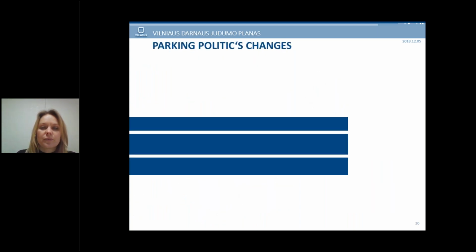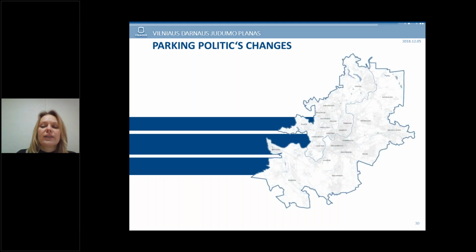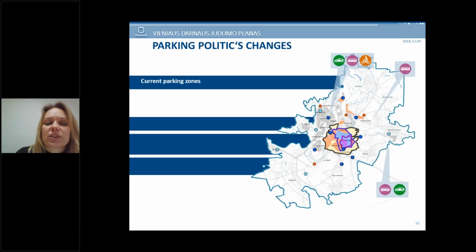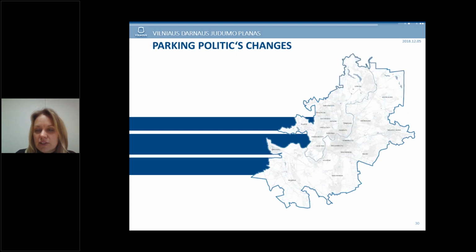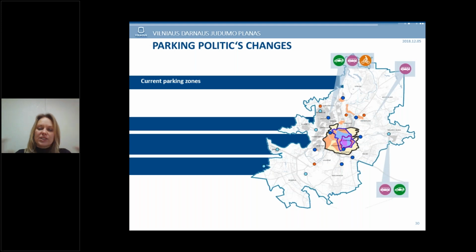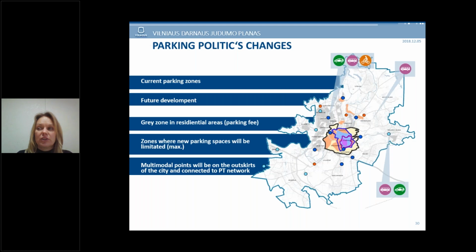What else did we do? Accordingly, we suggested major changes in parking policy, because you probably didn't have a chance to see, but we suggested to increase the boundaries and to increase the price, because in comparison with the Baltic states, parking in Vilnius is really cheap.